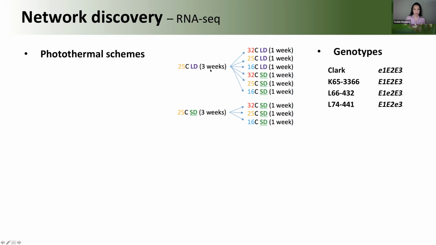After 3 weeks, we moved the samples to either higher or lower temperature, keeping the same photoperiod, or to higher or lower temperatures while changing the photoperiod from long day to short day, because soybean responds to short day to start producing flowers and to initiate many developmental and physiological phenomena.